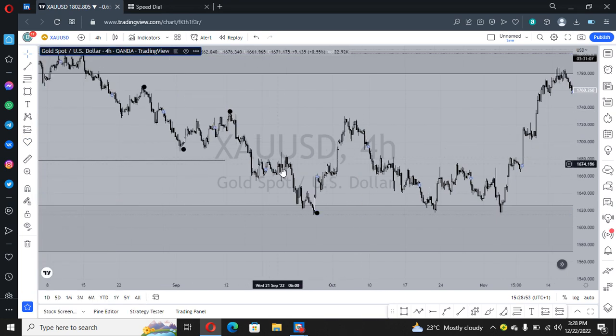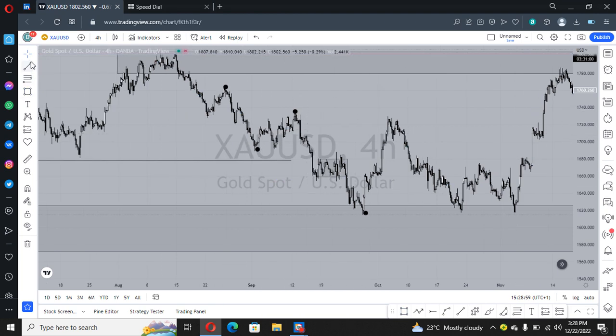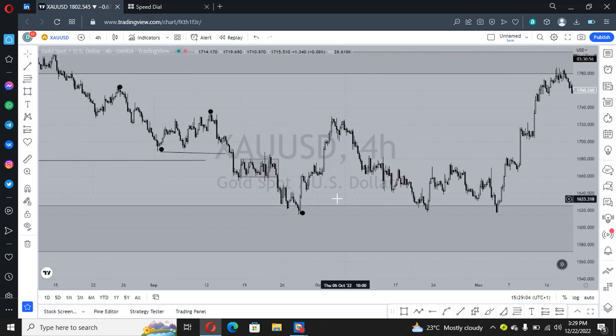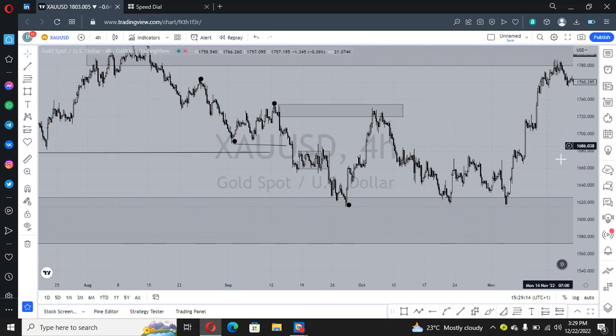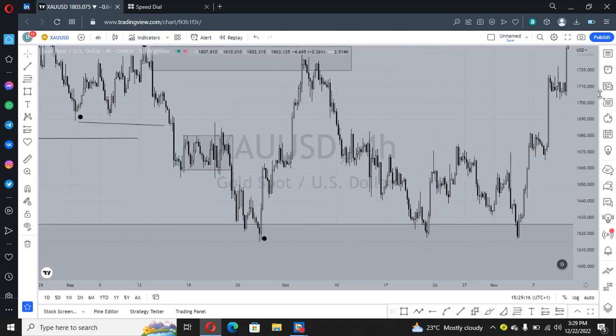I'm not seeing this one as a structure right here. Price just consolidated from here because this is the high created, and then we have what, a break of structure from this low, right? So the price traded into the area of demand after consolidation. So now most traders will be like, yes, there's a supply right here in which price traded into.